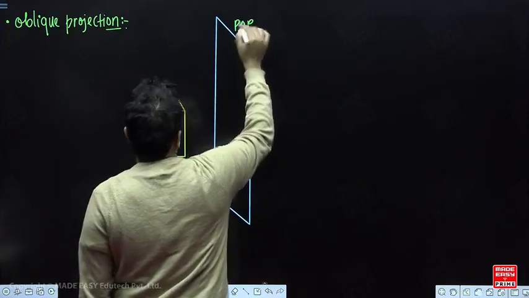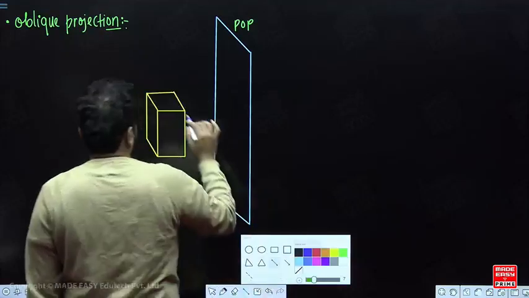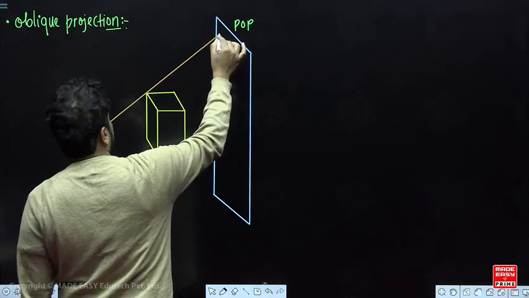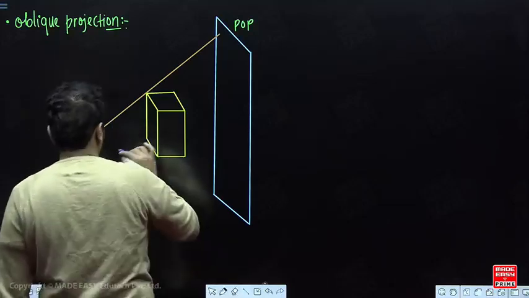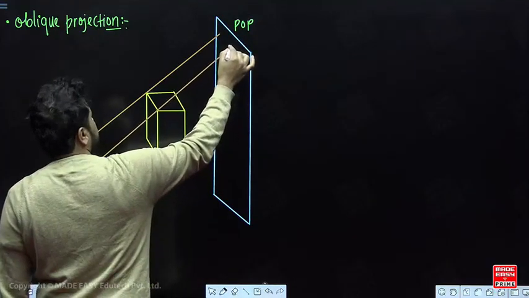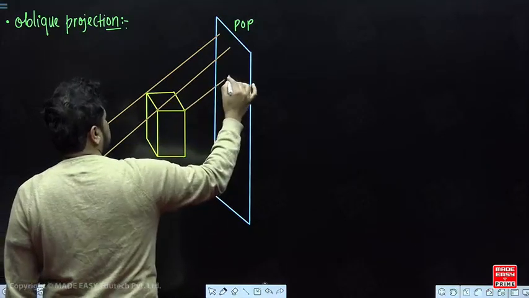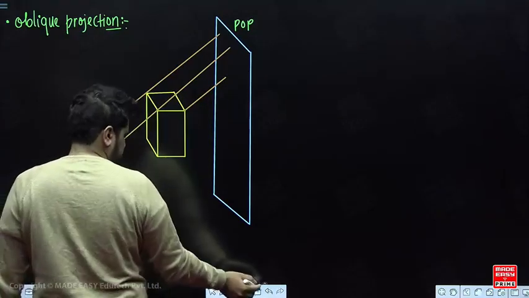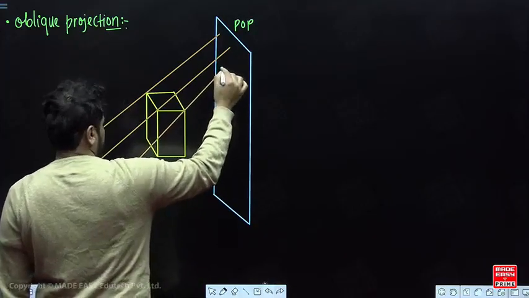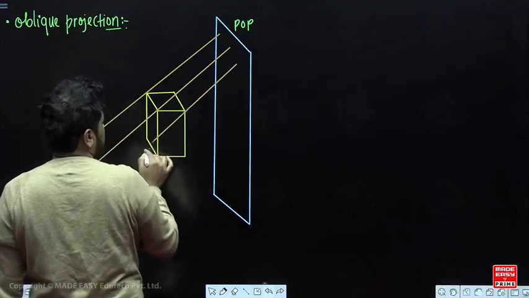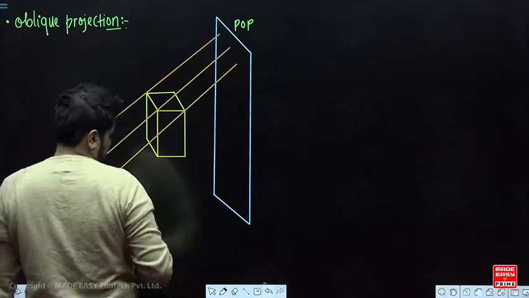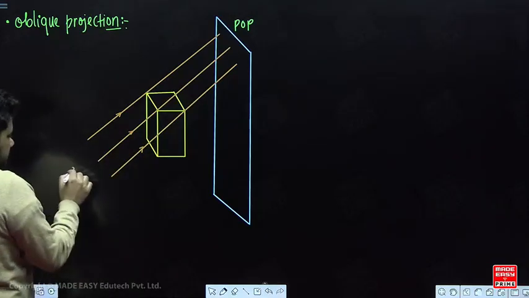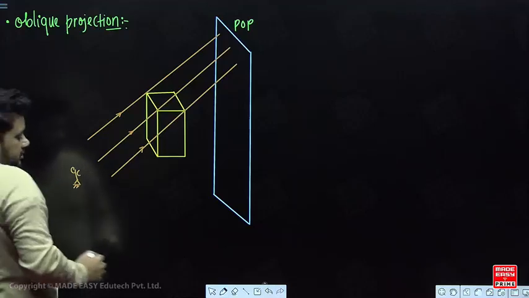Suppose this is POP, plane of projection, correct. Now these projectors, you can see that they are parallel to each other, right? This is the observer, right?